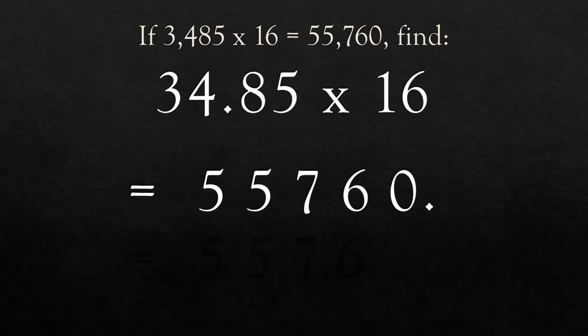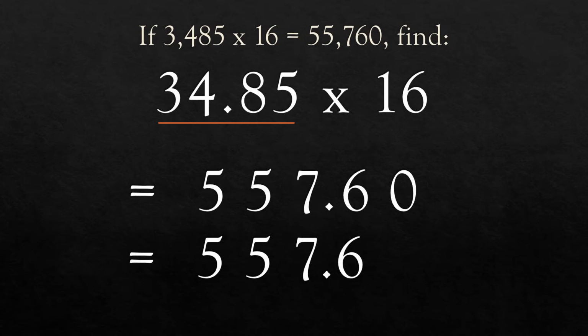Now tell me, how many digits after decimal in 34.85? Yes, 2. So count 2 digits from the right. 1, 2. And place the decimal in the product. So the answer is 557.60. That is 557.6.